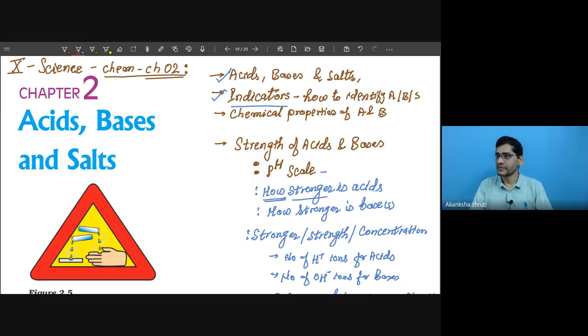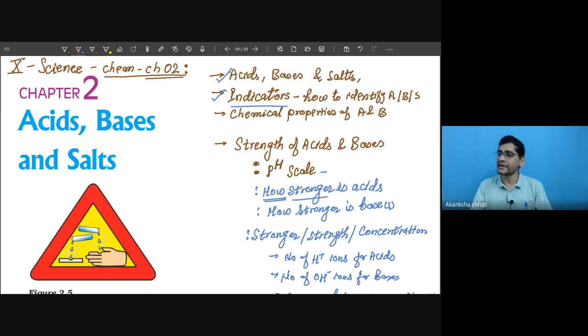Now, how strong is that acid? Acid contains H plus ion. But it is possible that some acids may give more H plus ions, or some acids can easily give the H plus ion when dissolved in water. But some acids may give very few H plus ions when dissolved in water.